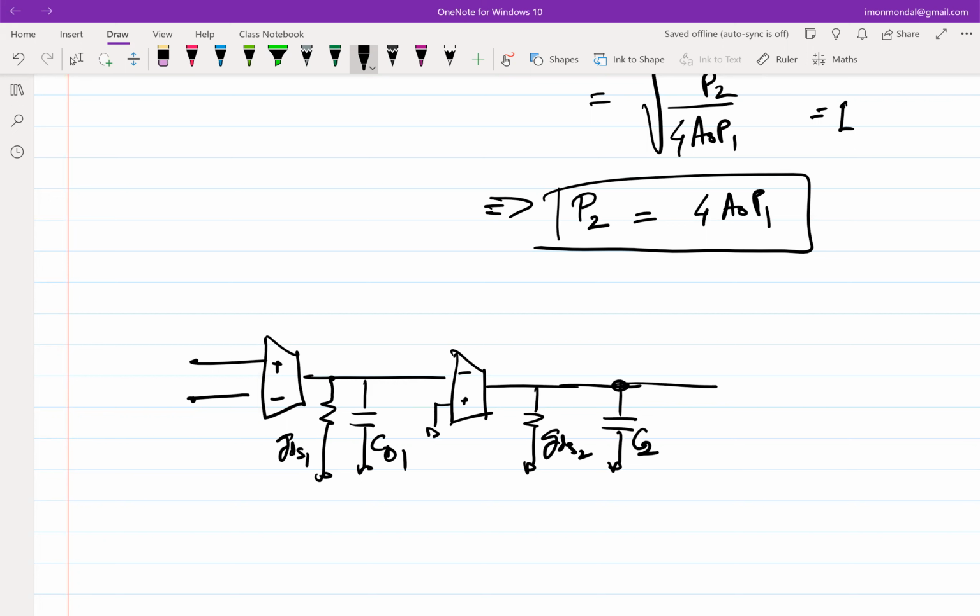But let's assume that you have decided to make P2 much greater than P1, or rather P1 now is much less than P2. So what will you do? Let me remind you, P1 is GDS1 by C01, and P2 is GDS2 by C02. These are close by because you have used identical stuff.